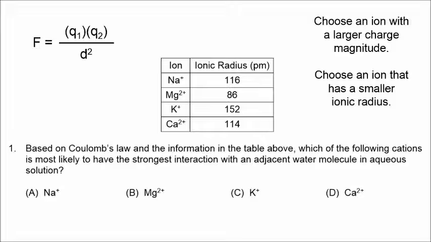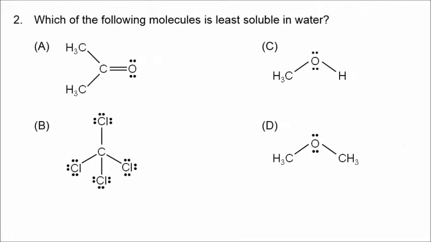So the answer is either magnesium or calcium with a +2 charge. And we want a small ionic radius since the attraction is inversely related to the distance between the charged particles. The best choice would be magnesium 2+.